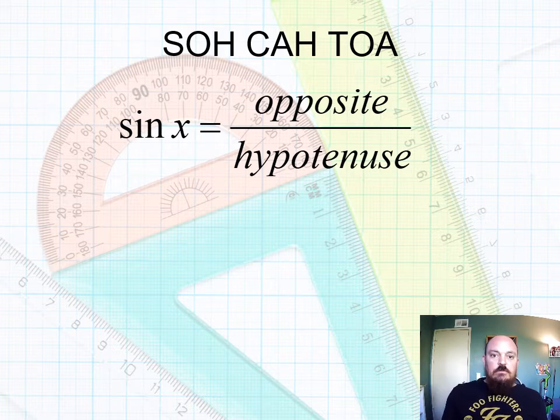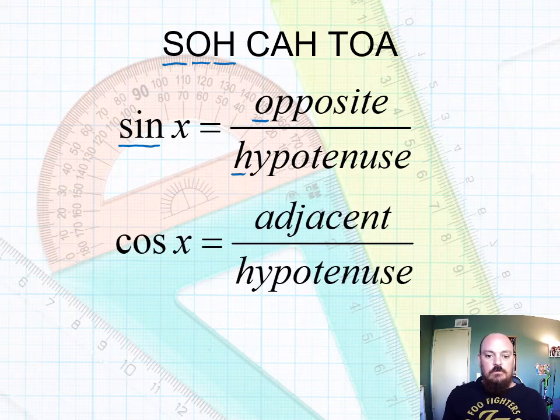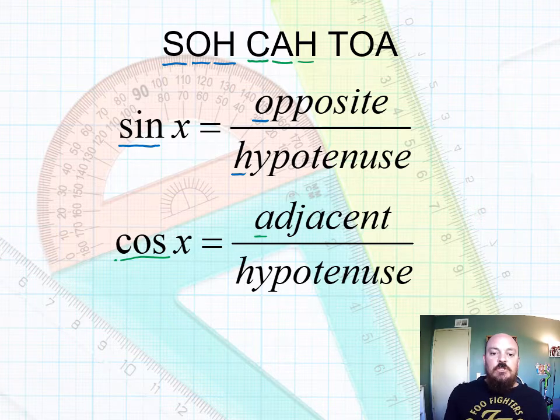So the first one, from SOH, S sine equals O opposite over H hypotenuse. The middle one, C cosine equals A adjacent over H hypotenuse.